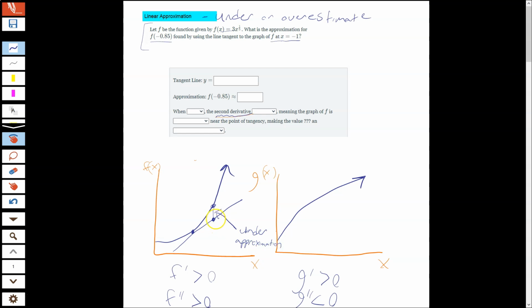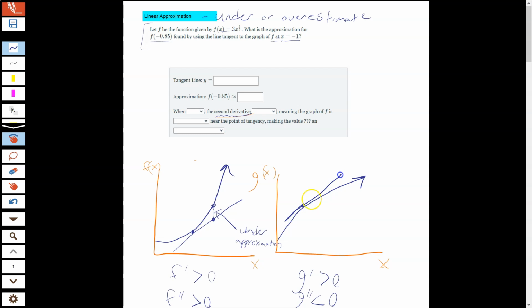Because the value I'm guessing on the tangent line is below the value of the actual function, right? So you can memorize that, like, when the function's concave up, a linear approximation is always an under approximation, or you can sketch the graph and think it through. I prefer the latter.